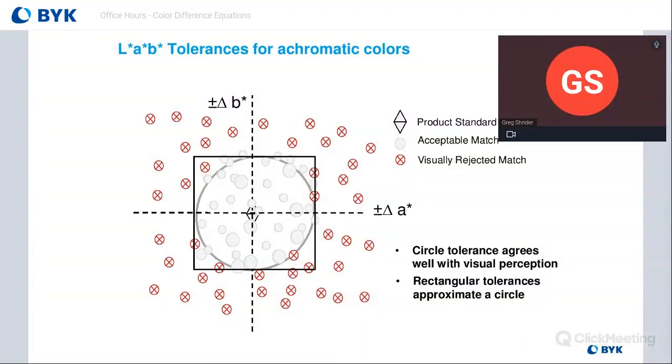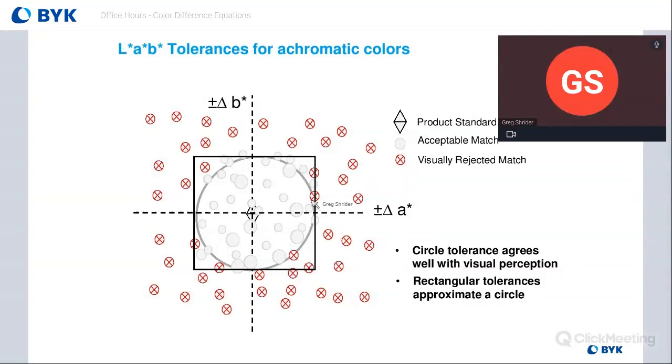What we're showing here is, with those achromatic or neutral colors, we have a bunch of samples that are either visually acceptable or rejected from a particular standard. The standard is shown in the center, and this would be a three-dimensional plot. If we just used tolerances on A and B, we would have this square, or it would actually be a cube in color space.